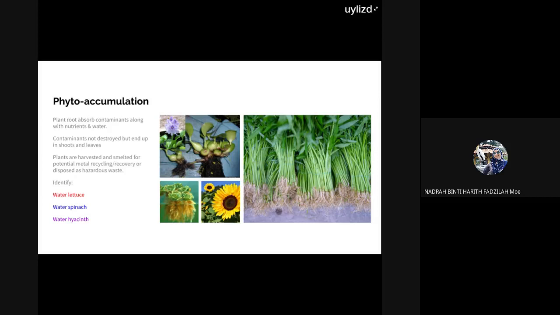Yang lain tu semuanya absorb heavy metal from water, except for water spinach or kangkung that can absorb heavy metals from the soil and also from the water atau from the river lah. Macam tu ya. Ada soalan?